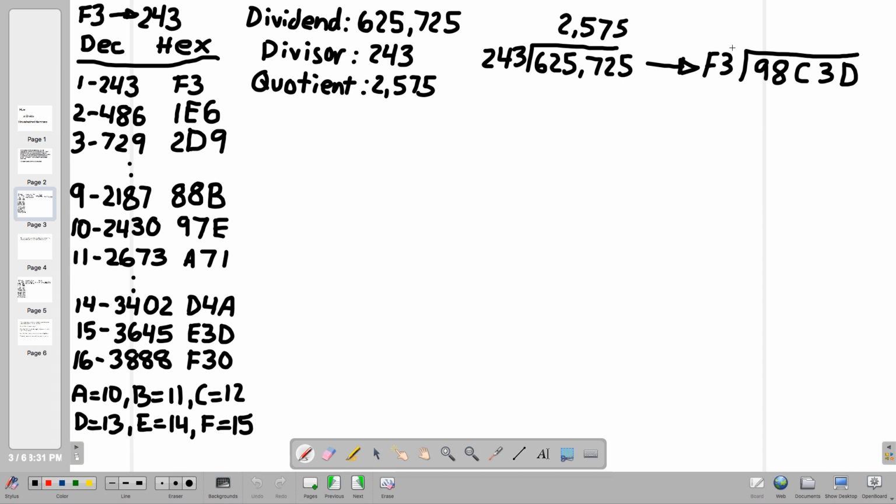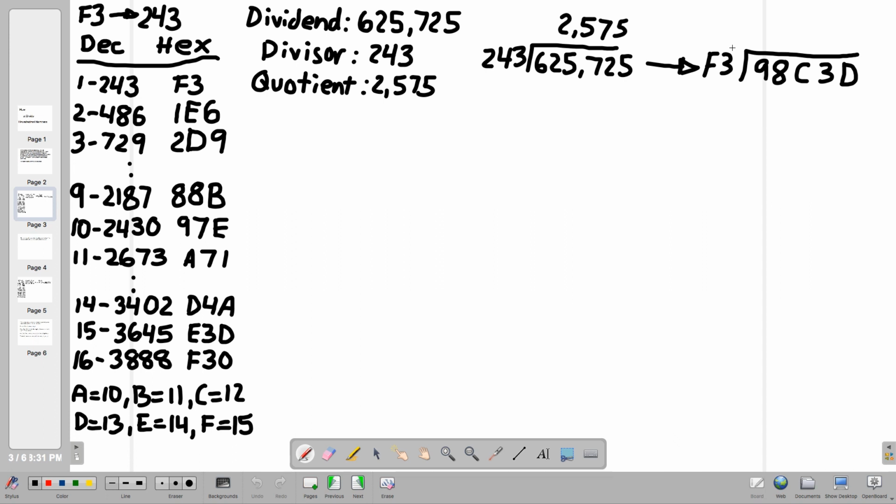So the value 243 is represented in hexadecimal as F3. The value 625,705 is represented in hexadecimal as 98C3D.